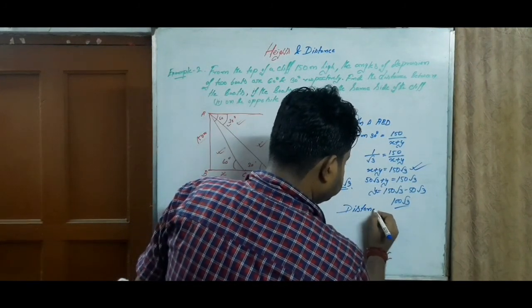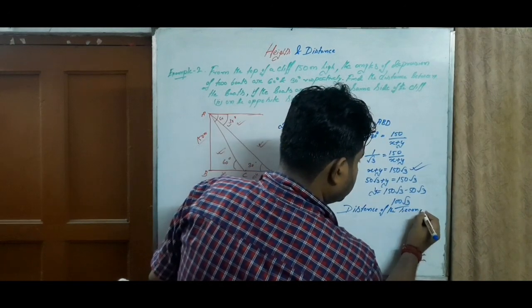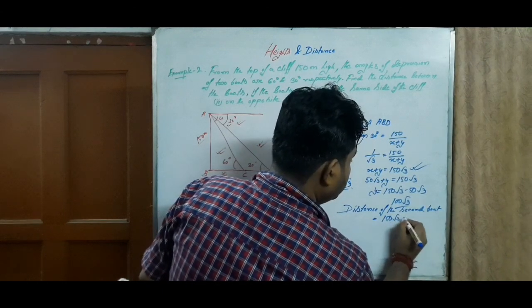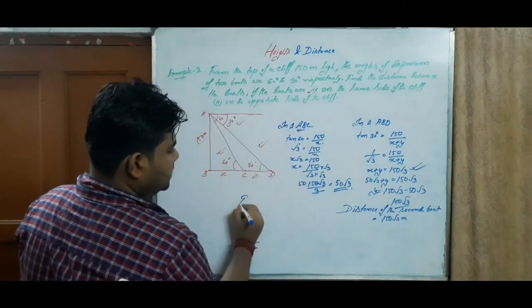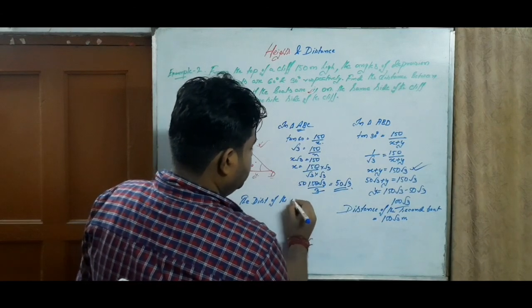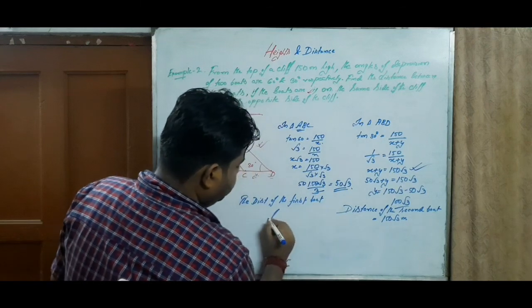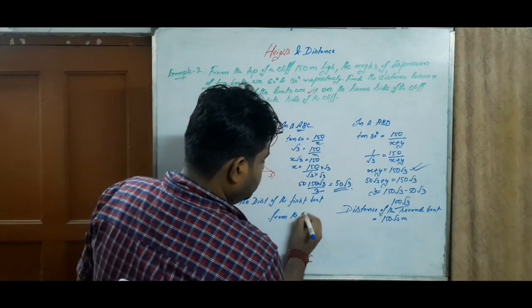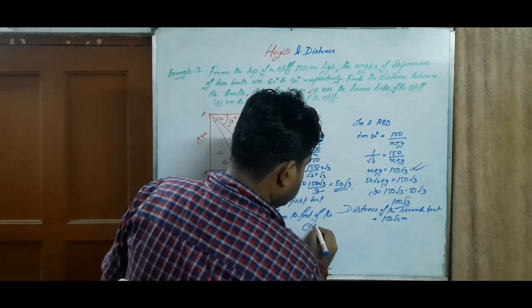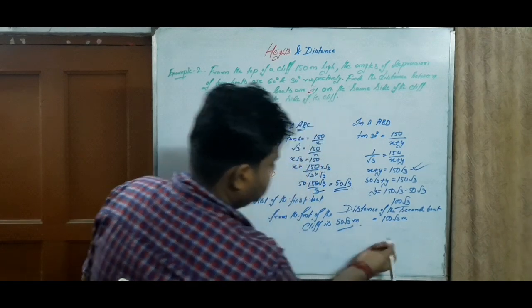The distance of the second boat equals 150 root 3 meter, whereas the distance of the first boat from the foot of the cliff is 50 root 3 meter.